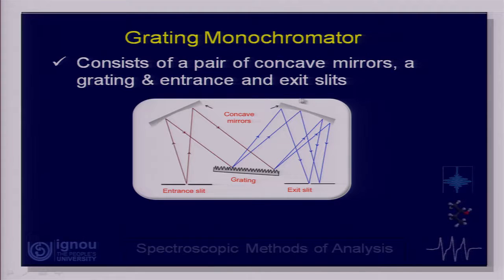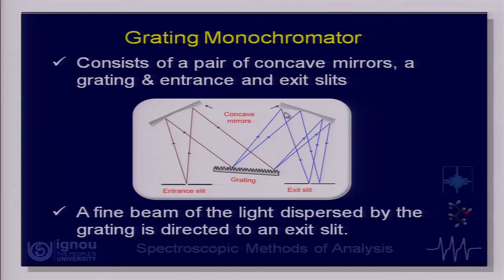Another concave mirror puts it together onto the exit slit. Here again we rotate the grating in a predetermined way, and as a consequence we get the desired wavelength coming out from the exit slit. That is how a grating monochromator works.